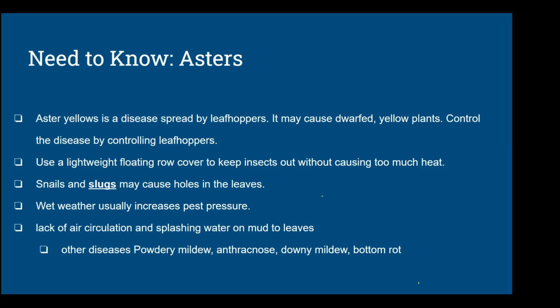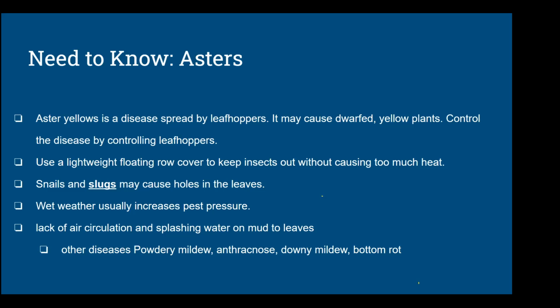One of the ways you can control this is by controlling the leafhoppers, which can be difficult to do. But just trying to remove them and keeping an eye on that. And then you can also use row cover to keep insects out. That's a really good way to manage pests. And then snails and slugs may also cause holes in the leaves for asters.